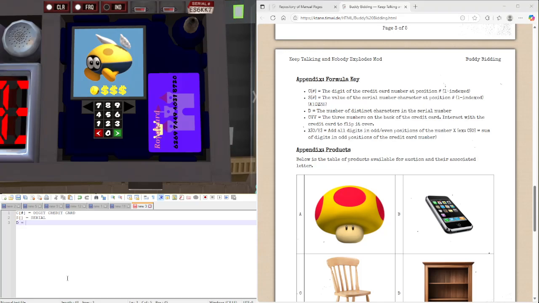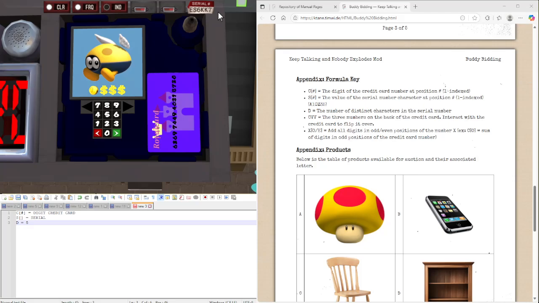D equals the number of distinct characters in the serial number, so ignoring duplicates. In this case we would have 5, because we have E, S, 6, K, and 7 distinct characters, with K duplicated.